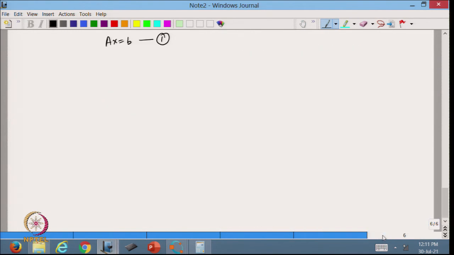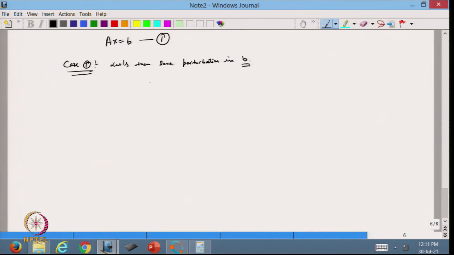So, this one we just want to study. So, let us take this Ax equal to B, and now suppose I take case 1. What we are going to do is that let us take some perturbation in B. B means the right hand side vector.